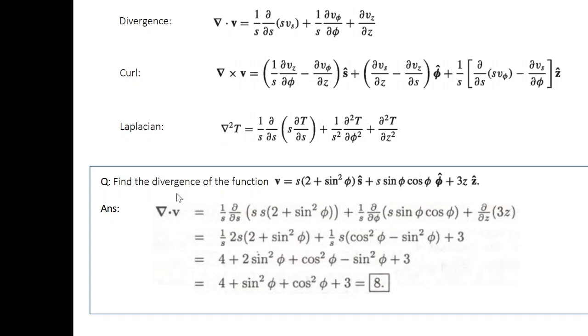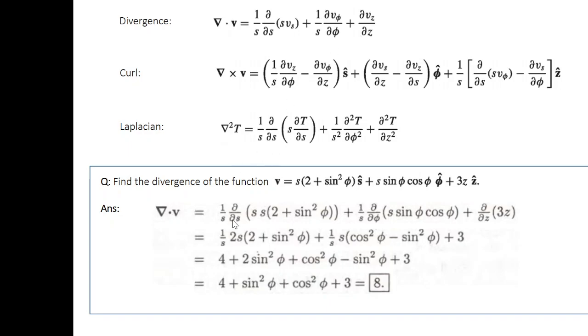Let's do a problem. Find the divergence of the function V equal to s into (2 plus sine square phi) s cap plus s sine phi cos phi phi cap plus 3z z cap. So this is the expression for divergence: you have to do dou by dou s of s Vs, dou by dou phi of V phi, and dou by dou z of Vz.